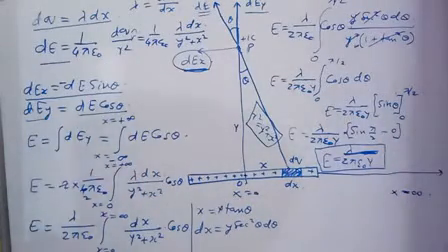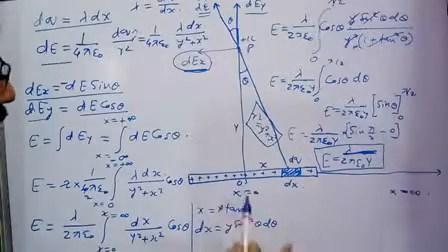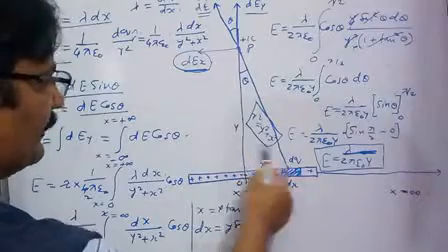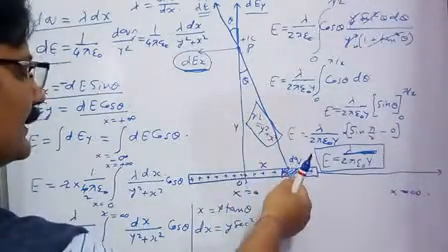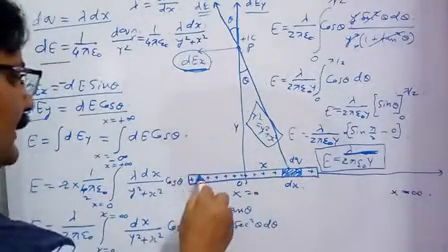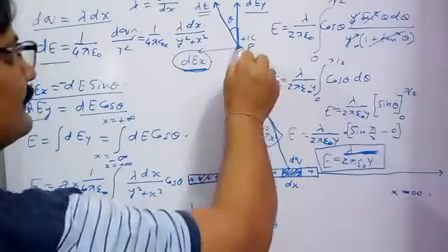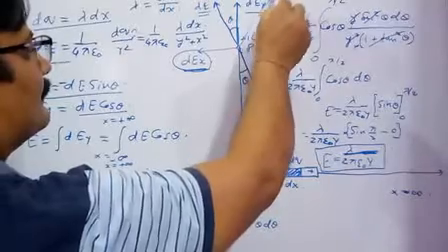So what is going to be the net electric field at this point? Here you can see, if there is a small element of length dx at the right side of this line, there is going to be a similar element at the left side, and its electric field is again in this direction.